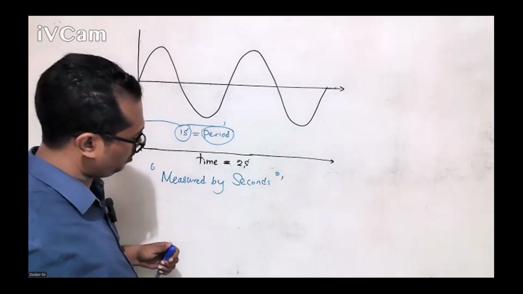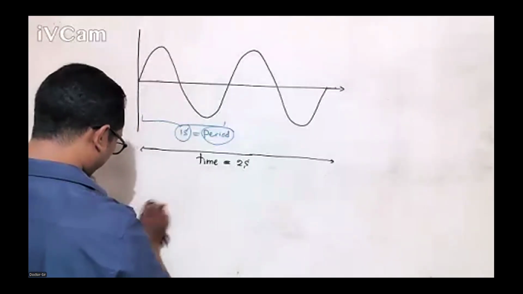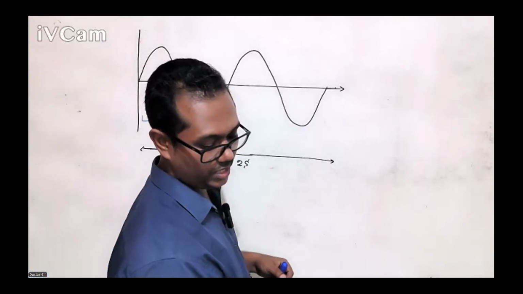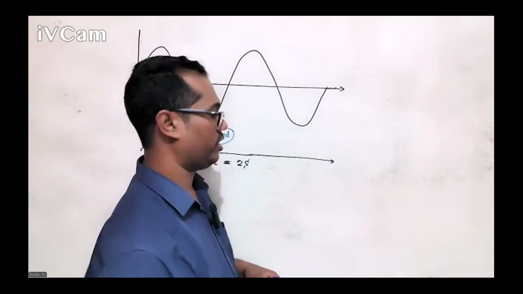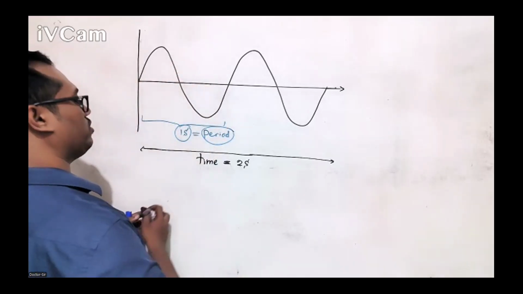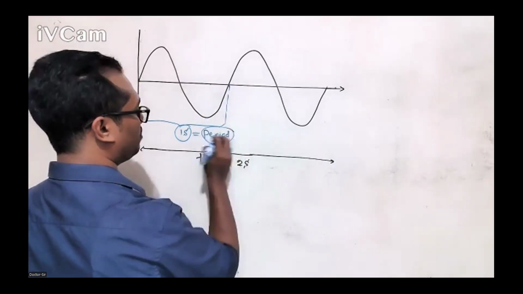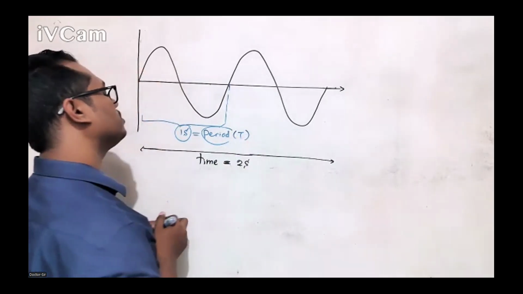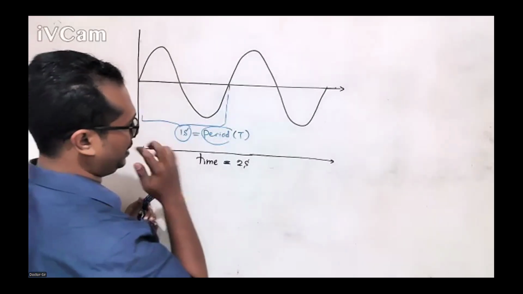Now we will come back to a few more definitions. We will go and see the frequency, then come back again to the period. Period we also represent by the capital T. So what is the important formula we are going to build up here?